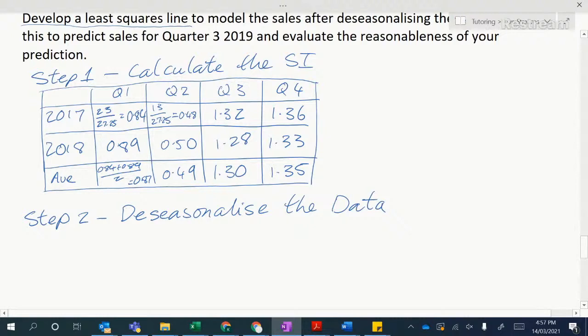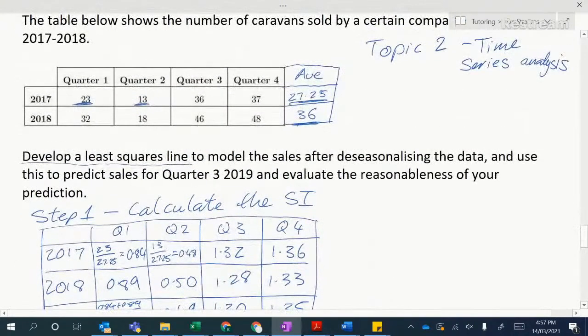Which is a funny word, but it means exactly what it says. This data that we have up here, you can see is seasonalized. There's seasons in it. Quarter 2, which you could imagine as autumn if you want to call this summer, autumn, winter, spring, or something like that. But not necessarily, but in this case, it just helps to visualize it.